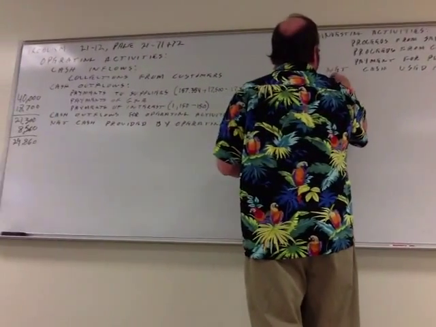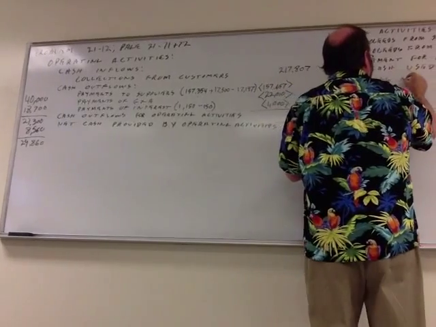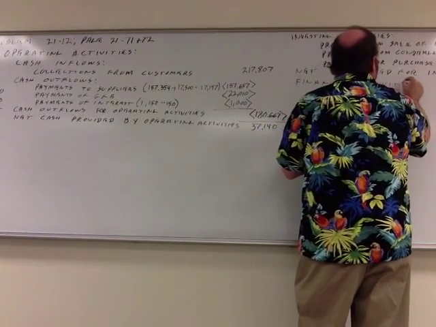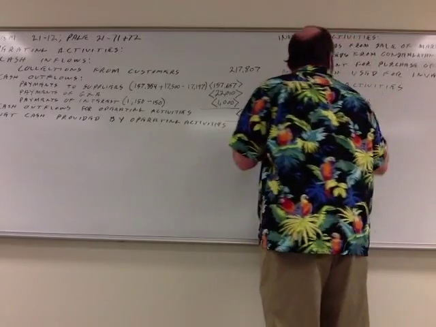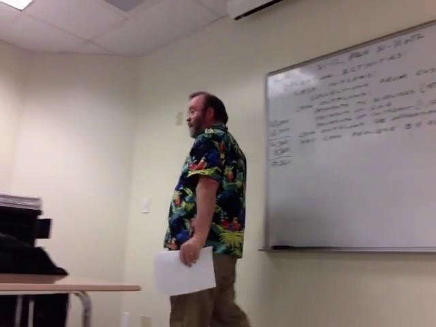The last section is financing. That's the rest of the liability and the stockholders' equity section. So starting, we have bonds payable that went from $50,000 up to $115,000. That's an increase of $65,000.